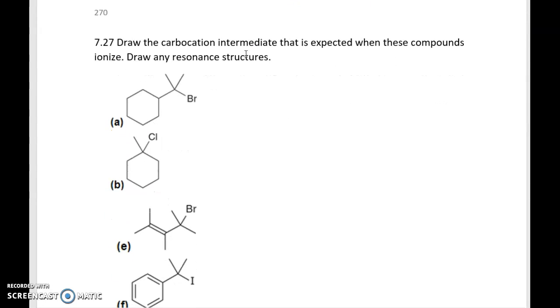So first, let's draw the carbocation intermediates that are expected when these compounds ionize. What's going to happen here is that this bromine is going to take its electrons and leave.